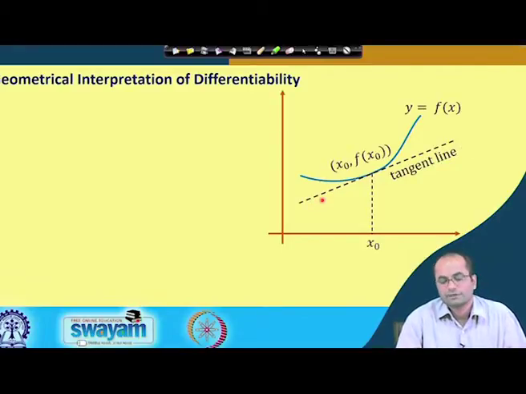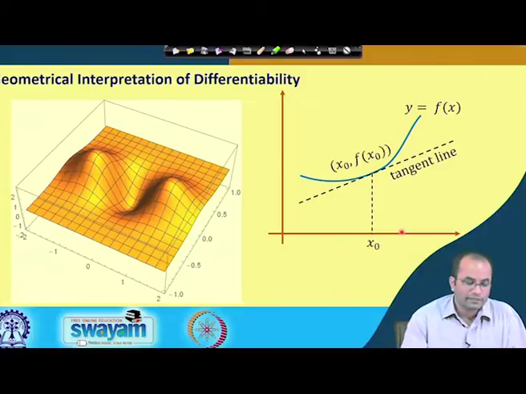That means, if the function is differentiable, we can draw a tangent line, or in other words, we can approximate this function in the neighborhood of x 0 by this tangent line. As we see in the graph, in the close neighborhood of x 0, we have a very good approximation by this tangent line.